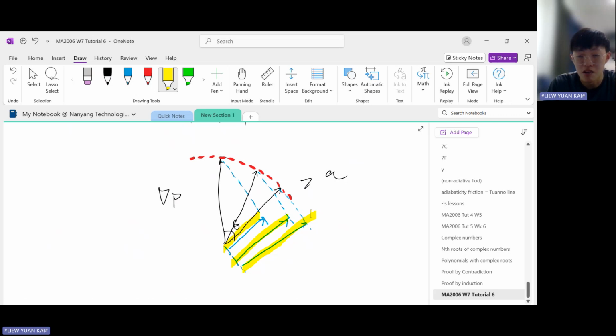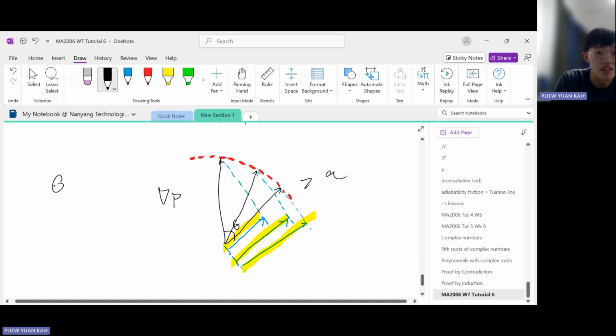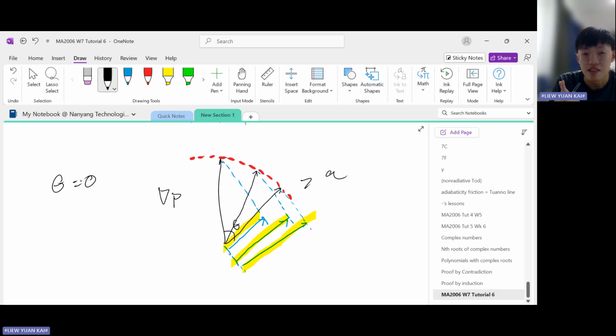What is the smallest value of theta that can occur? It is when theta is equal to 0. When theta equals 0, nabla P perfectly aligns with A, so that means nabla P is parallel to A. Only when two vectors are parallel will the dot product be the maximum, and when they're parallel, theta is equal to 0.